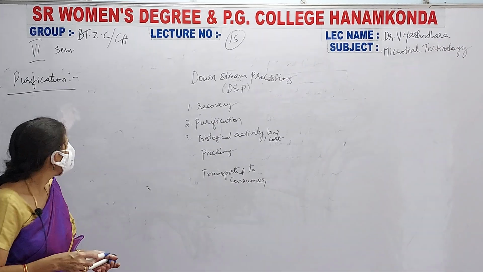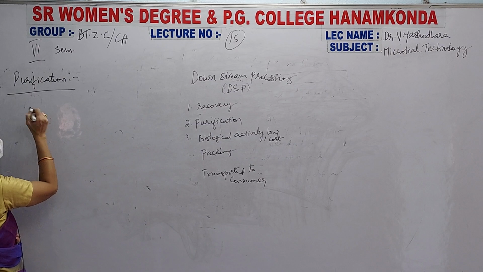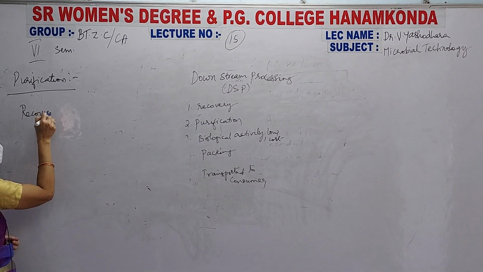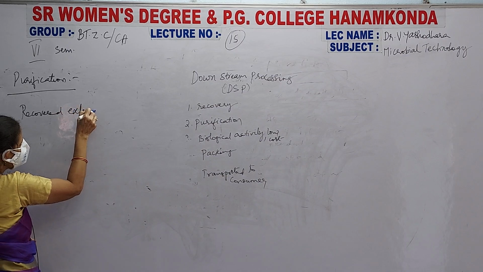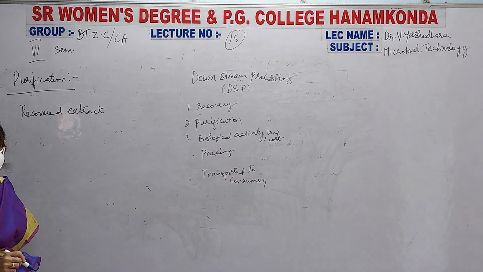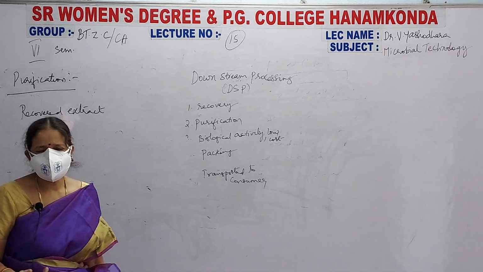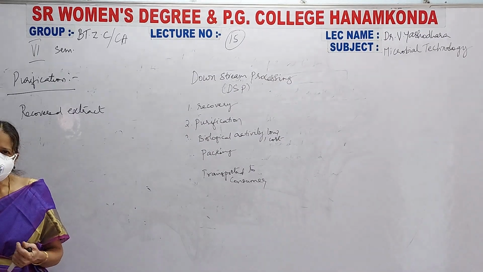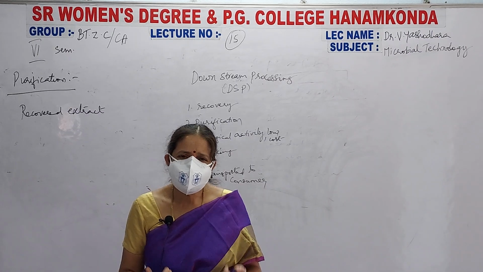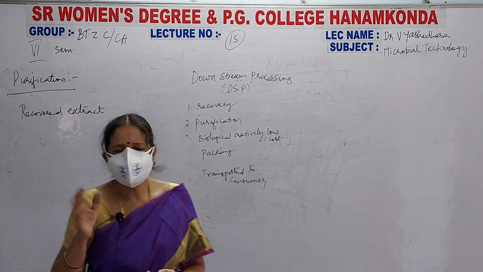Now see here, in this purification step, you will be taking the product or recovered extract. Depending upon your process, that is, the preference of the manufacturer who is producing the product, the product can be purified.